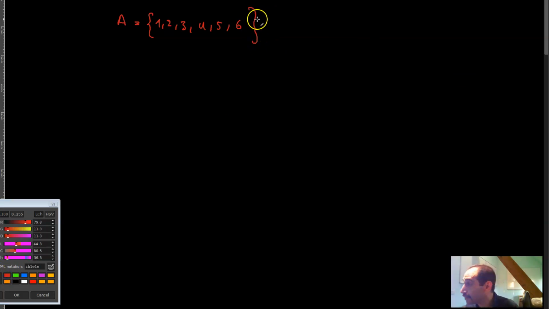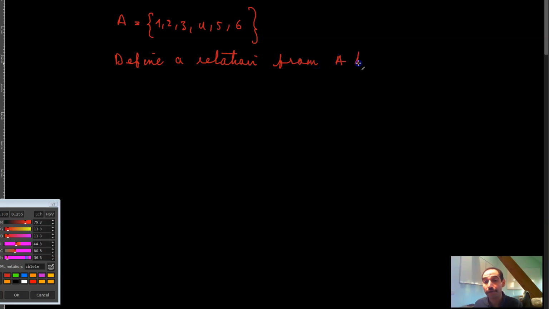And you want to define a relation from A to A by R is equal to all the ordered pairs x and y, such that y is equal to x plus 1.